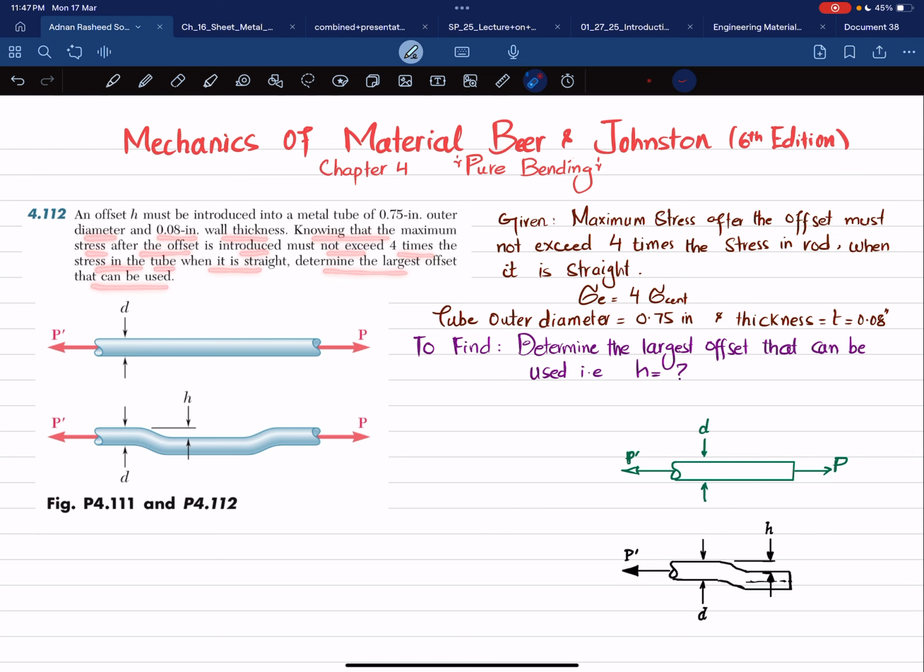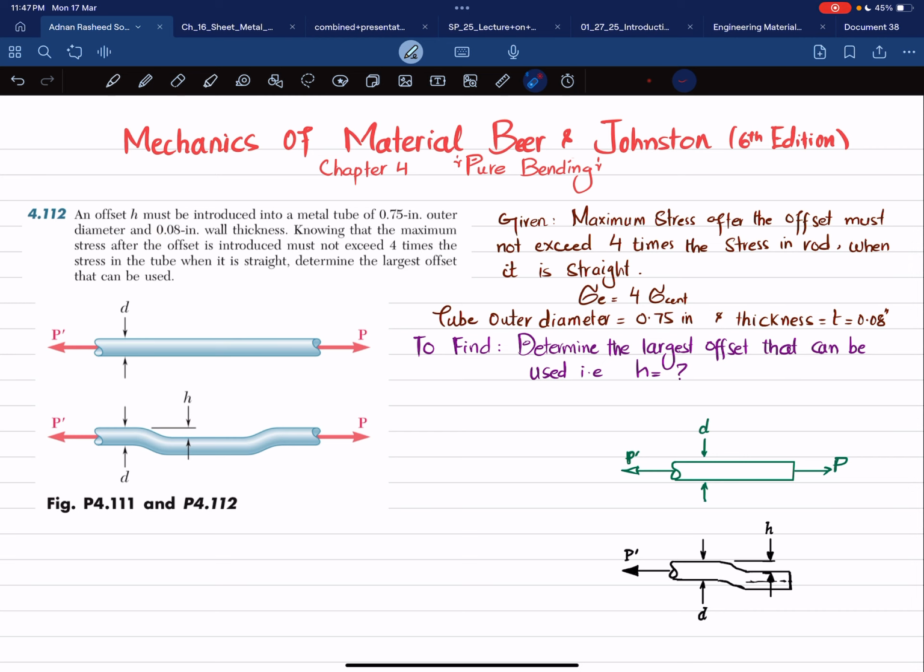So you can see this is the tube that is exerted by a tensile load, and the outer diameter of this tube is given as 0.75. Since it is a tube, the outer diameter is 0.75, while the thickness t is equal to 0.08 inch.